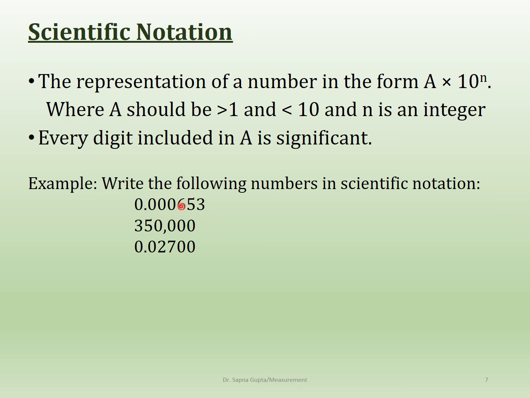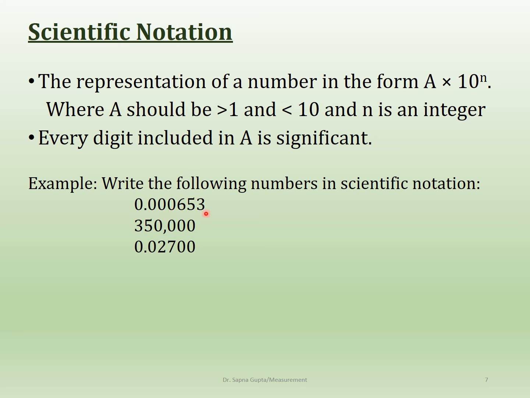Remember, the number A here has to be between 1 and 10, which means that I have to have 6.53. Now because this number is less than 1, definitely much smaller than 1, my 10 to the power of n here is going to be a negative number. Because technically this is a very small number, so it has to be negative.